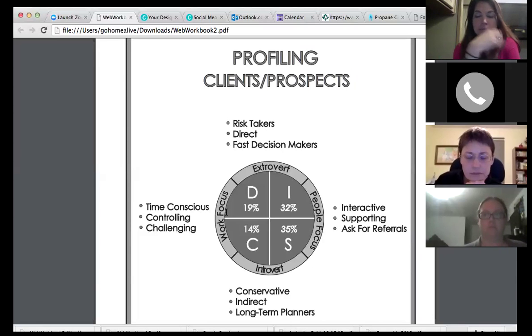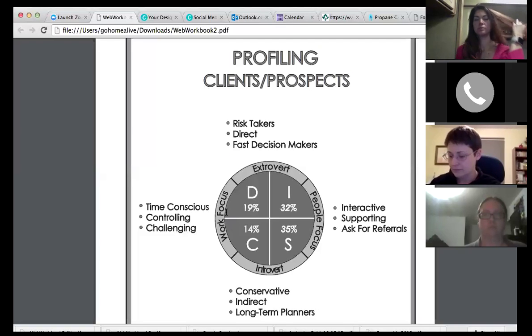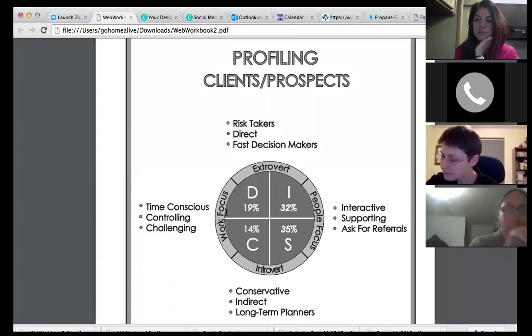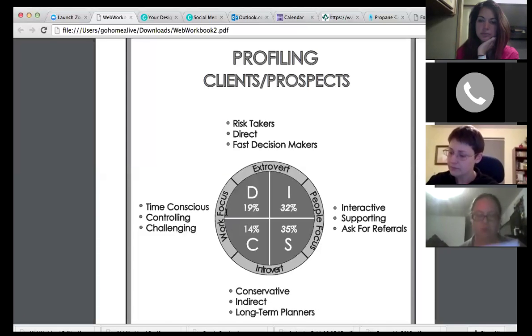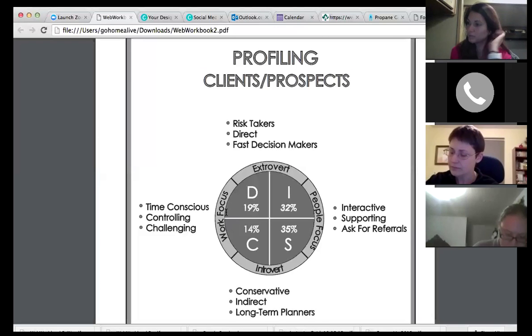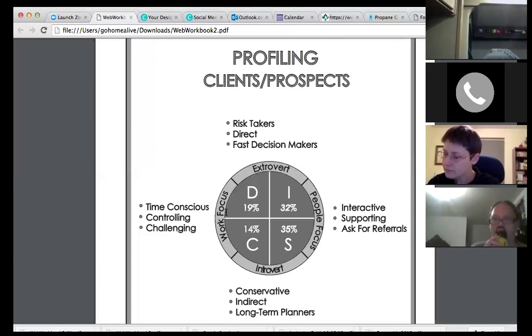Now, S stands for steadiness. And if we look down the list there, one of the things that we want to underline is loyal. These are the most loyal people you'll ever know. They will wake up at 2 o'clock in the morning and the first words are, "How can I help you?" That's what they do. Now, the other thing to remember that's important about the S is one-on-one interaction. You go down to the primary influence there. One-on-one interaction and process-oriented. They love to have a process. I've got an idea that you guys have a really great process that you can plug people into.